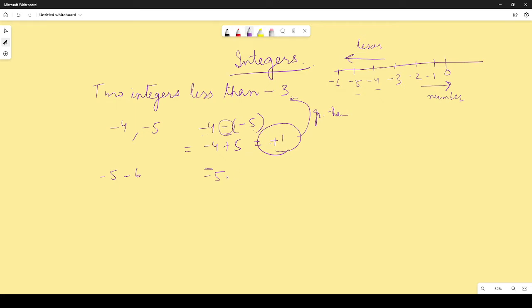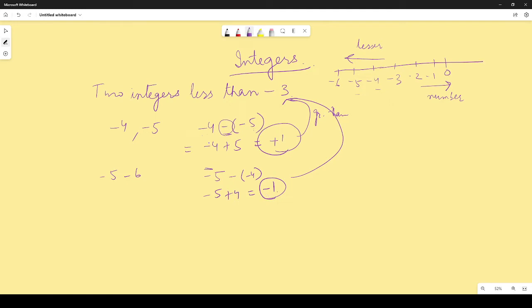If it was minus 5 minus 4, then this would have been equal to minus 1. So this is also greater than minus 3. So any two integers that you take which are less than minus 3 and you find the difference, it will be more than minus 3.